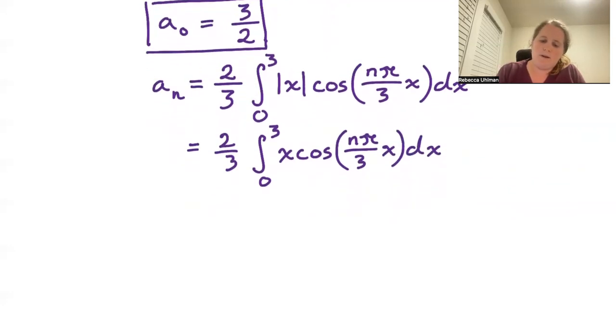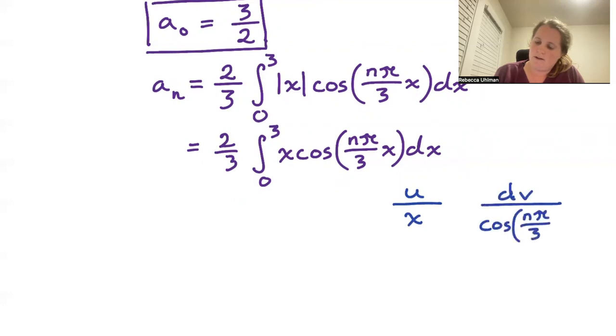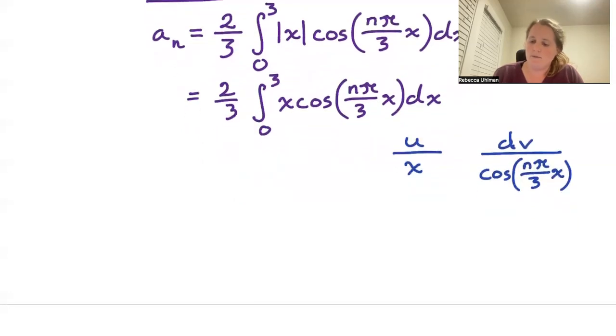Again, running rapid repeated integration by parts, our u will be x, our dv will be our cosine n pi over 3 x. Differentiating down the left-hand side, we'll go to 1 and then 0.